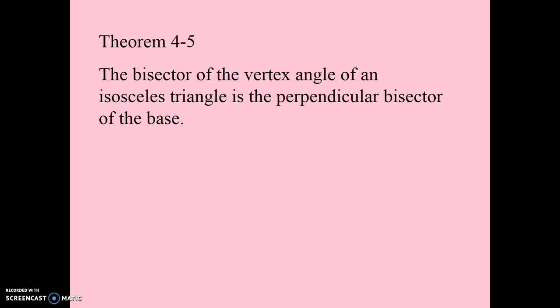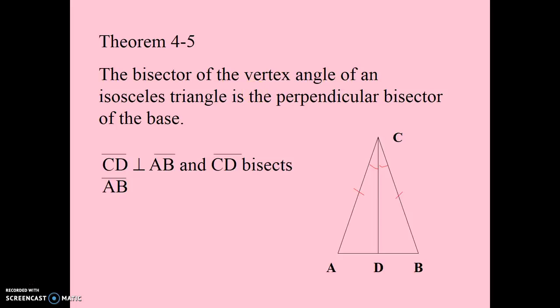Alright, theorem 4-5. This one's a little bit different than the other ones. We have the bisector of the vertex angle of an isosceles triangle is the perpendicular bisector of the base. So again, bisector of the vertex angle. Well, here's an isosceles triangle. And then the bisector of the, up here's the vertex angle.